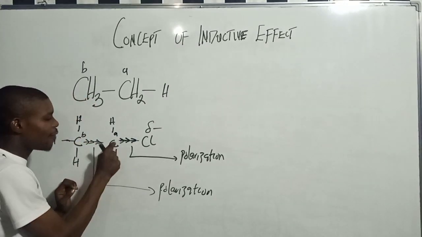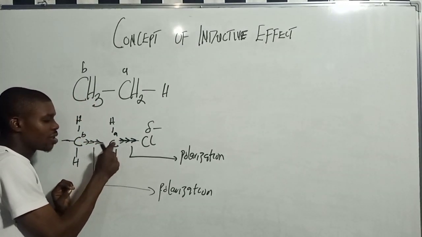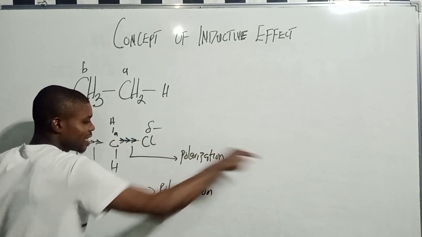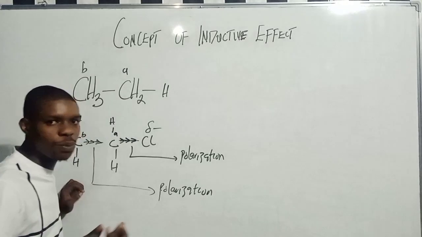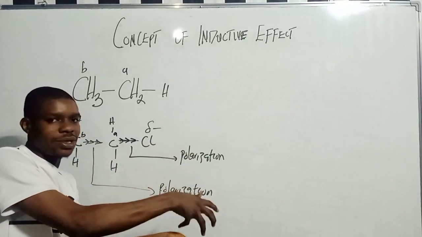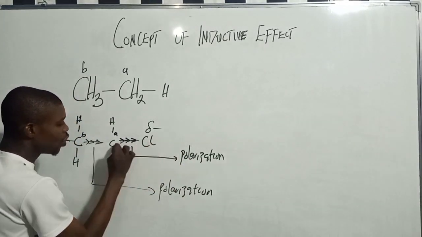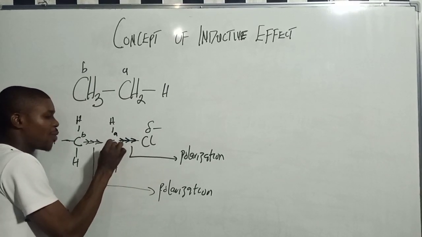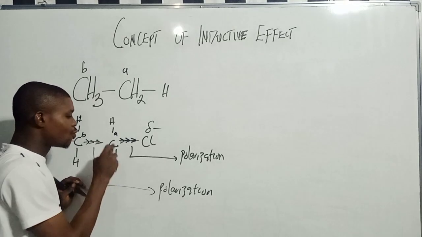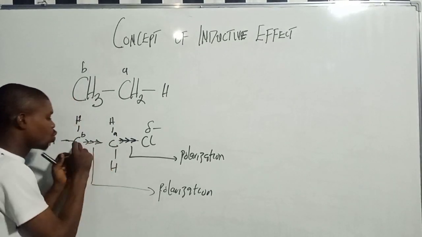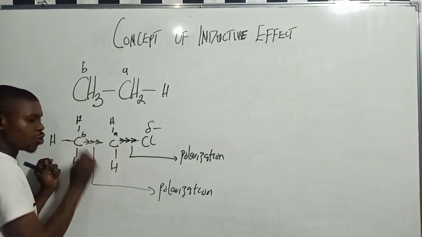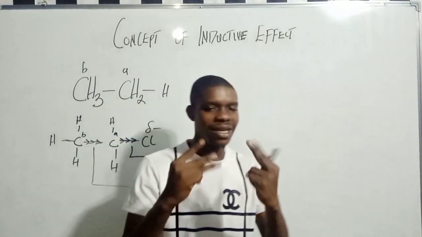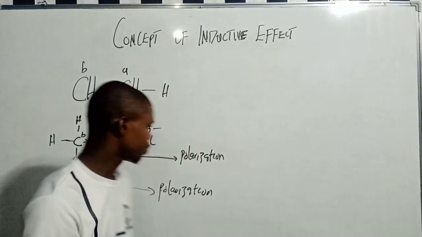So it has reduced the electron density in carbon A. Chlorine will pull more of the electrons, decreasing the electron density at carbon A. Do you get that? For carbon A to compensate itself, it has to withdraw electron away from carbon B. So this is how the polarization occurs here. So you need to understand these three key definitions.